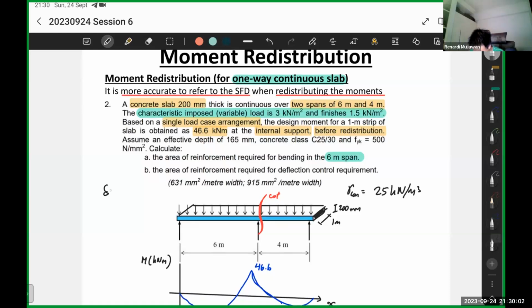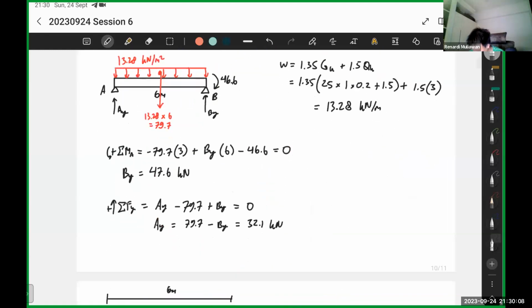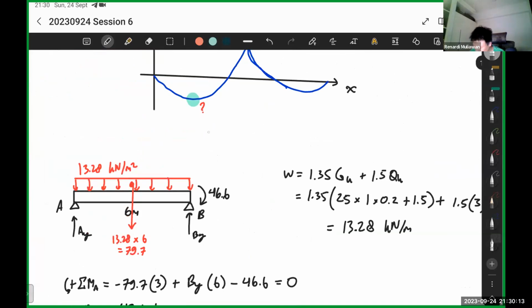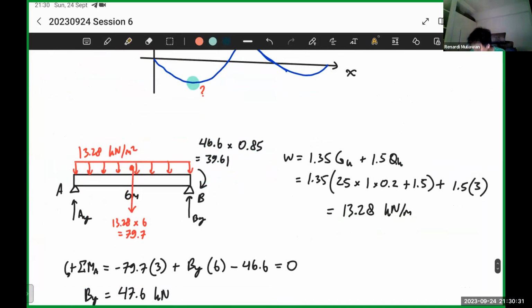Okay, let's say delta is 0.85 or 15% redistribution. In this case, you don't use 46.6. You multiply 46.6 by 0.85, which is the 15% redistribution. In this case, it's 39.61. So here is 39.61. Okay, oops, this is my blunder.